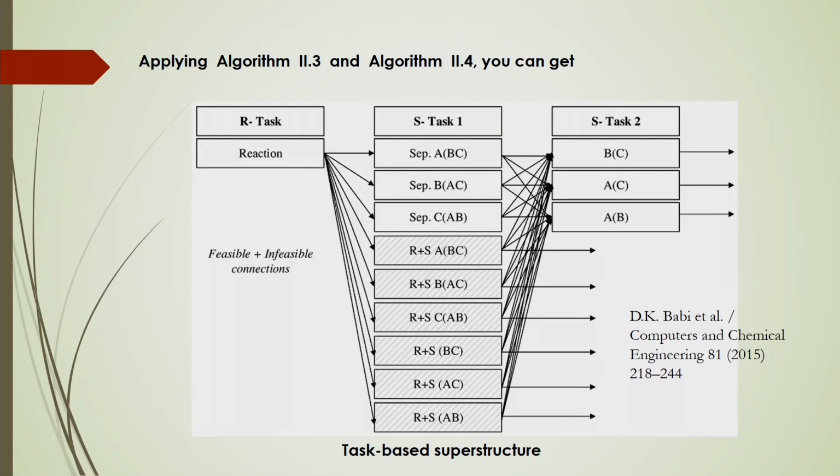So, there may be combinations like this: separation of A, B and C, separation of B from AC, separation of C from AB, and separation of A from BC, along with the reaction also.